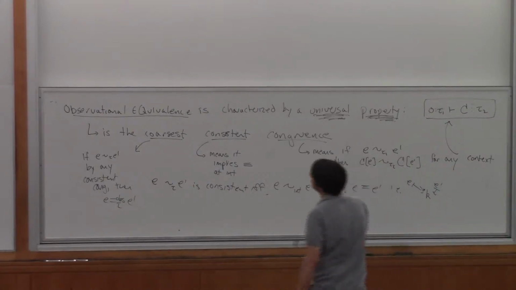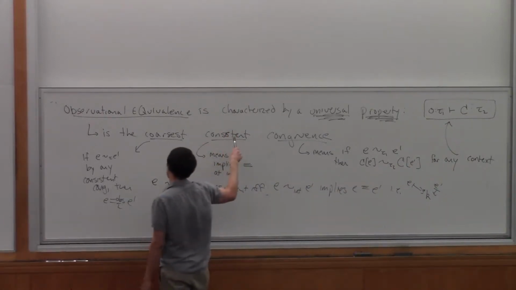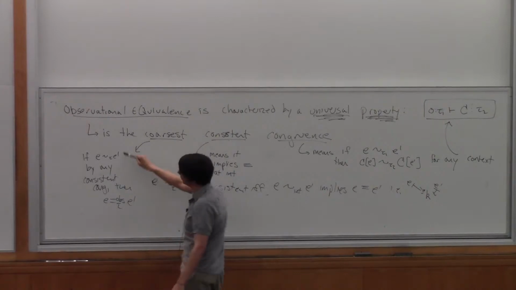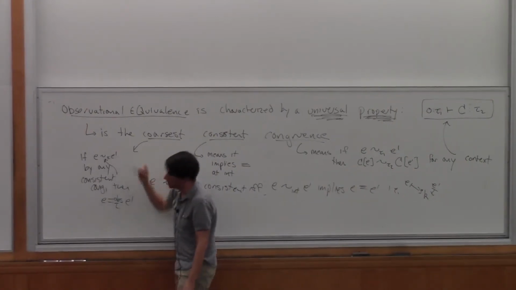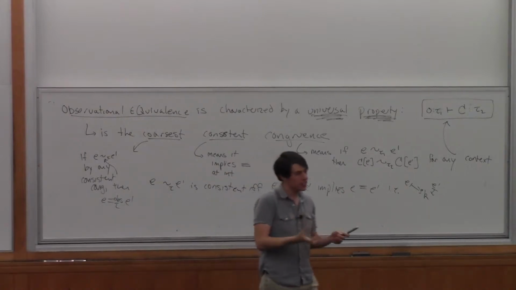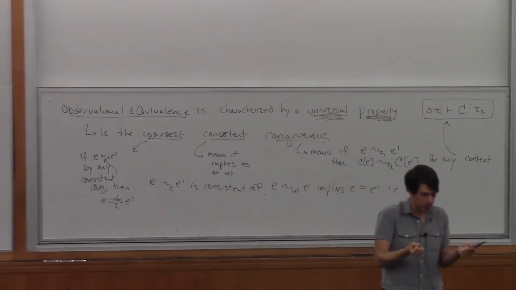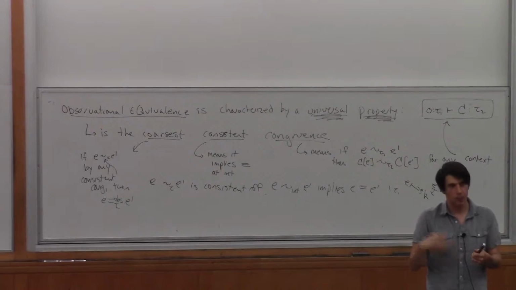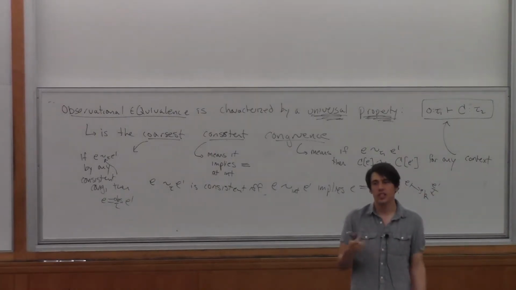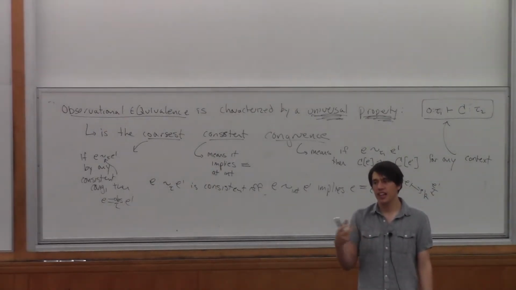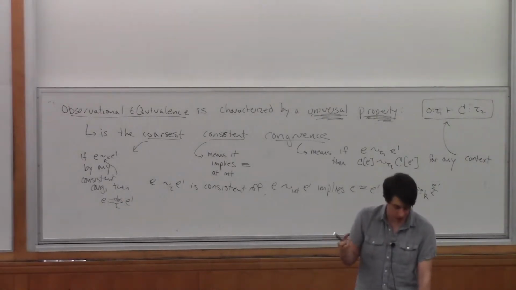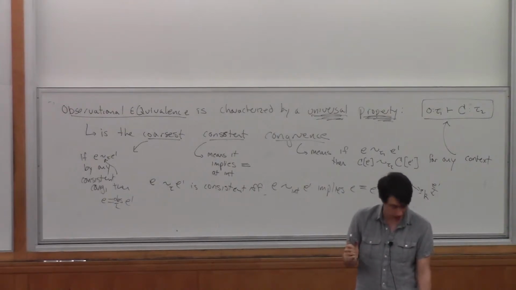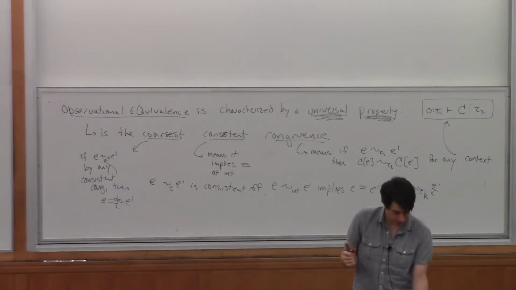Therefore, to show that two things are observationally equivalent, it suffices to show that they're related by any consistent congruence twiddle. So if you have any consistent congruence that relates two programs, then they're related by observational equivalence, which is to say, we've equated as many things as one possibly can while ensuring that two programs of type int actually run to the same value.